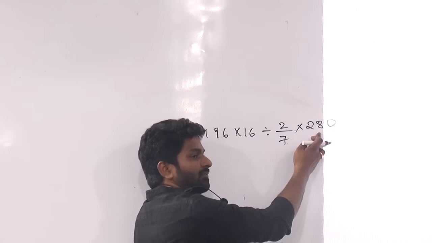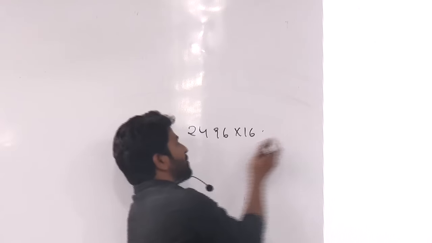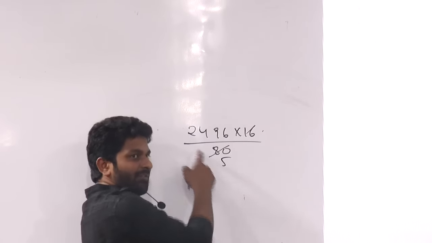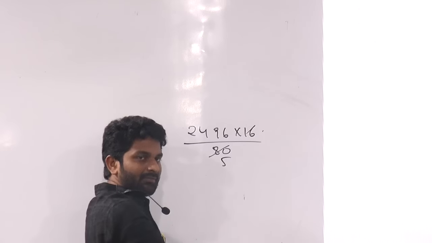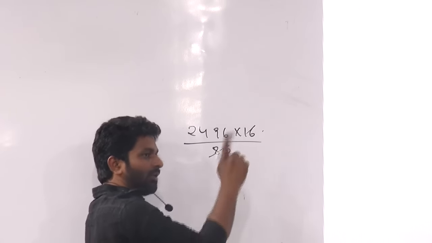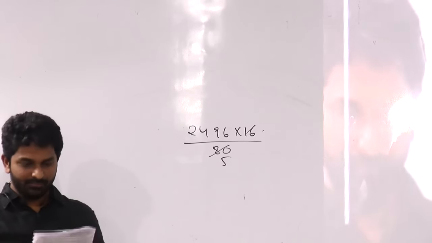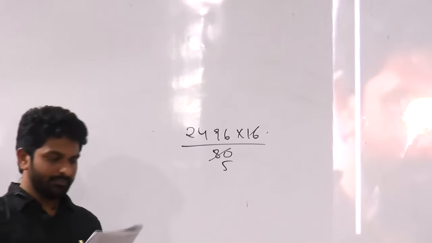How many times? 40. 42 times divided by 80. So this comes here, 80. 16, 5 times divided by 5. I'll divide this number with 10 and I will take 2 times of that number. Divided by 10, 249.6, near about 250. 2 times of that number, 500. Fifth option. Next.